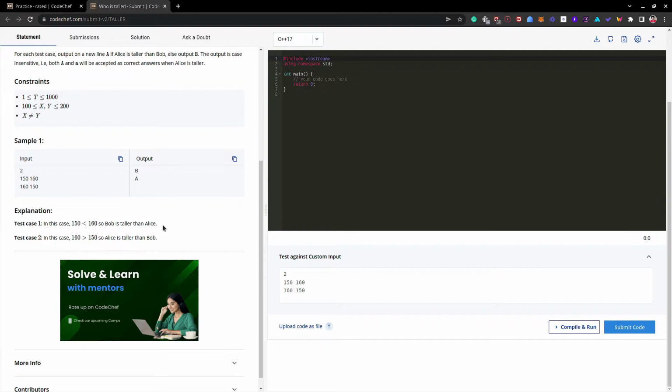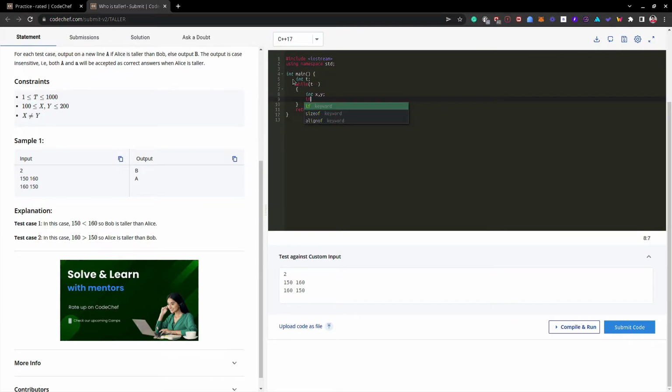So X and Y, right? Okay, here we'll be using test cases. For that, taking an integer t, then doing a loop where we're just decreasing the counter, just normal things. Then in the loop we have to take two integers x and y. Then we have to check who is taller.